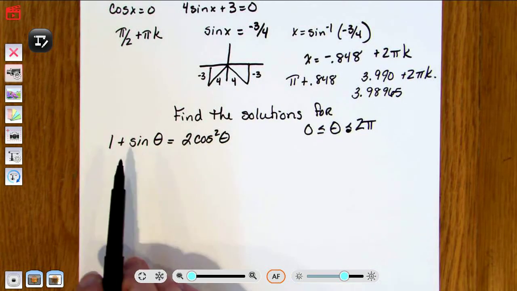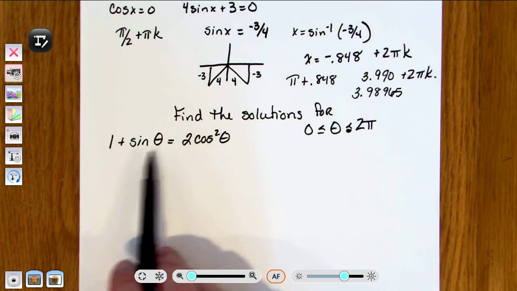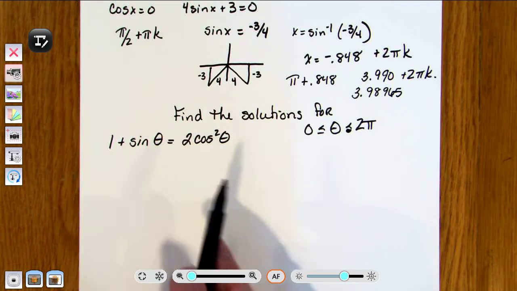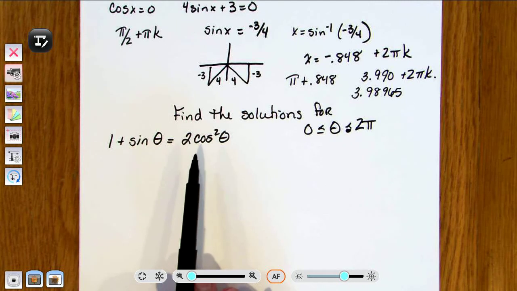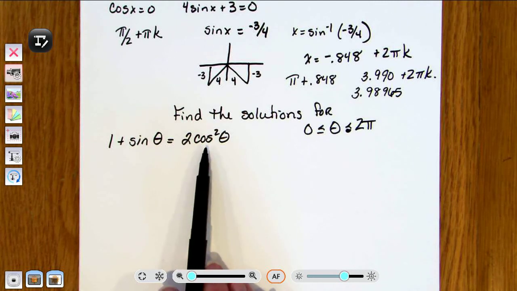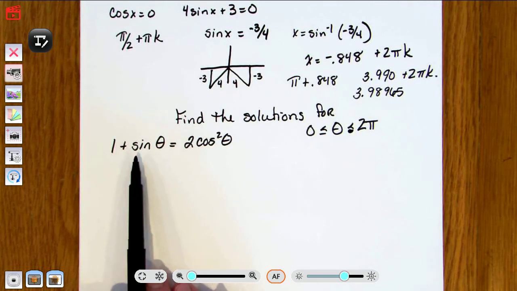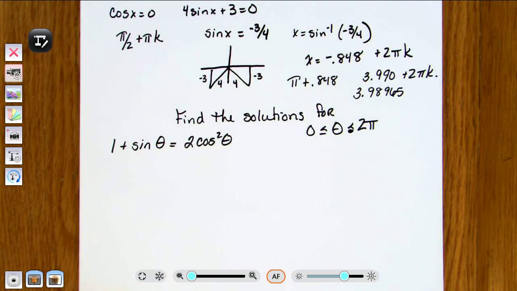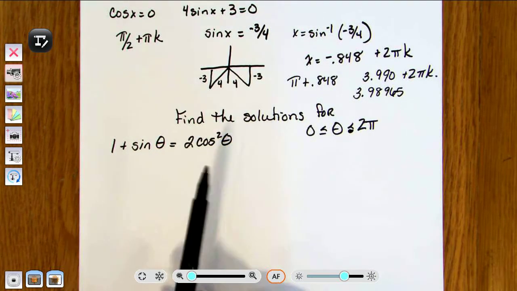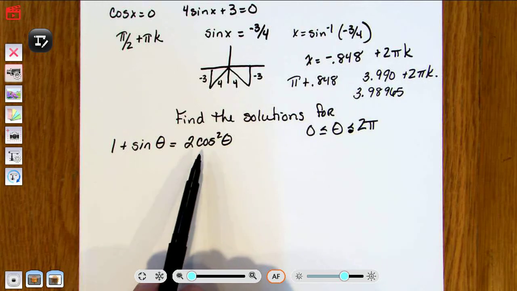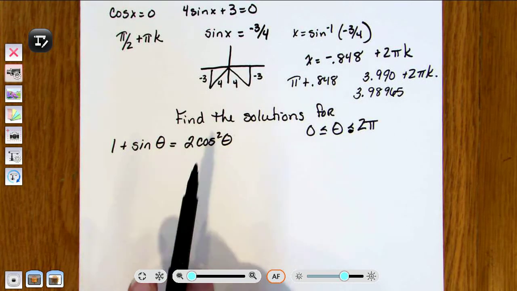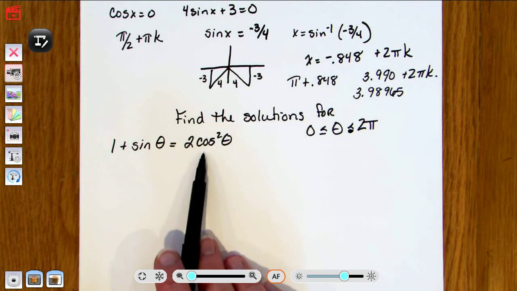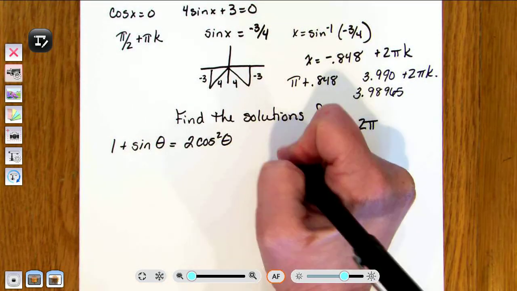Now on this one, we'll notice that we have both sines and cosines involved, and it's also a squared, so it kind of looks like a quadratic, but I have a sine instead of the cosine. So there my quadratic is a little bit thrown off. But what I'm going to do is substitute this cosine squared and turn it into something else. And that's where our Pythagorean identity comes from.